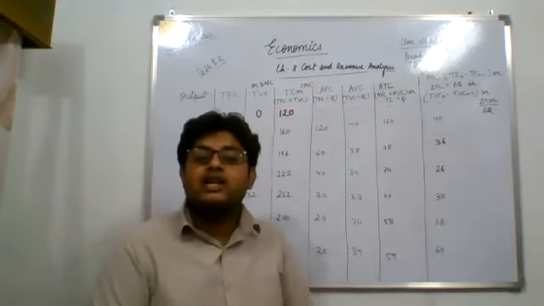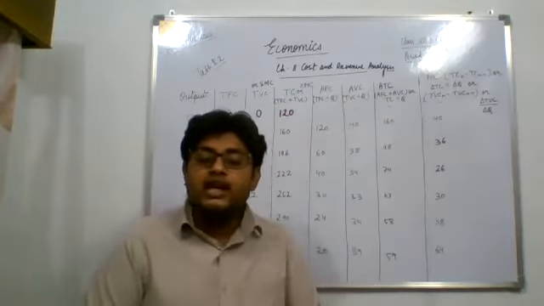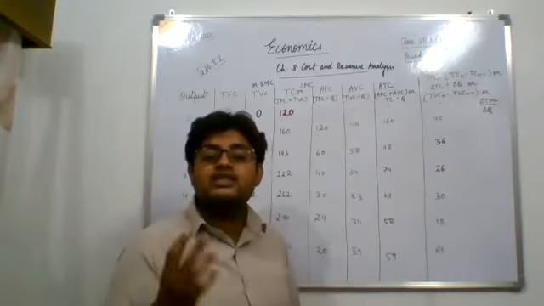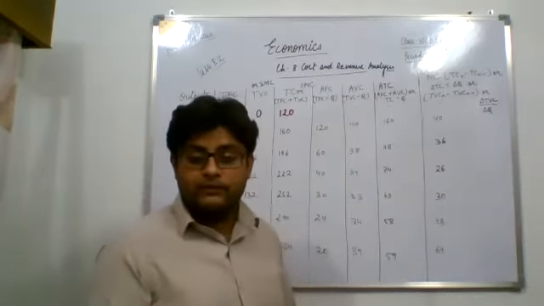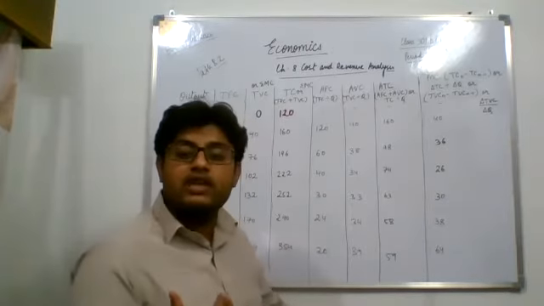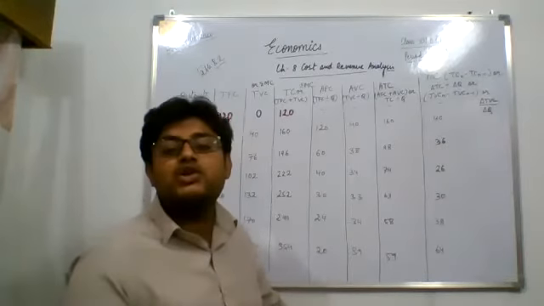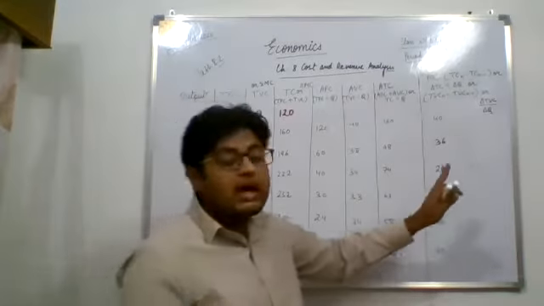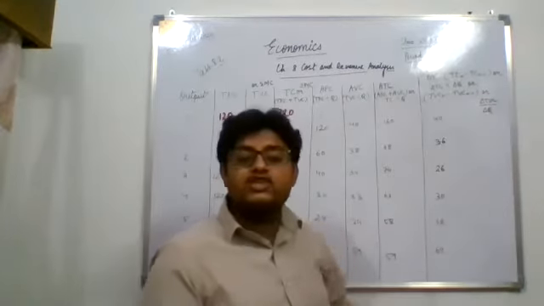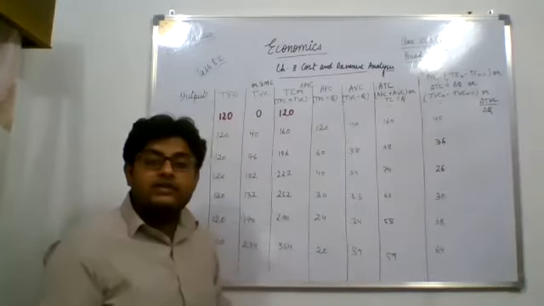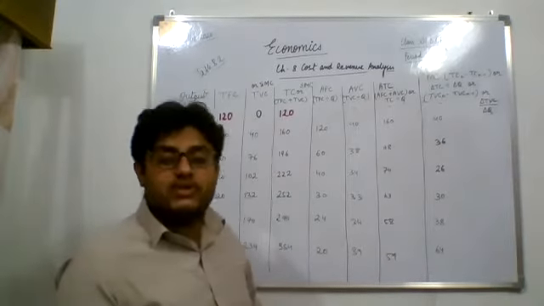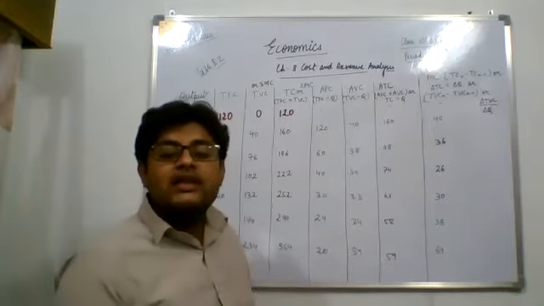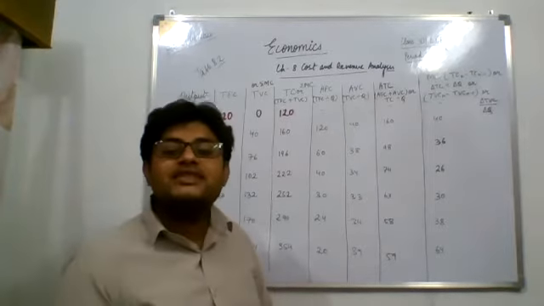Then coming to marginal product, it was showing that when the entrepreneur was employing one more labor, how much the total product was changing. Likewise, marginal cost will show that when one more unit of output is produced by the producer, how much our cost is changing.